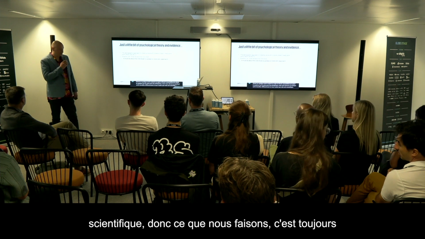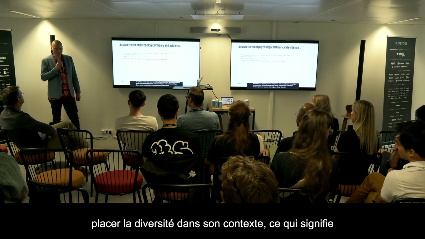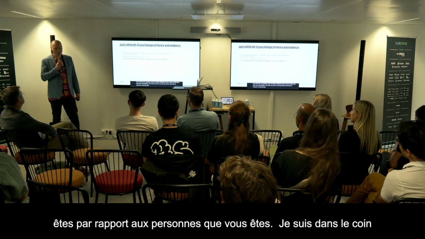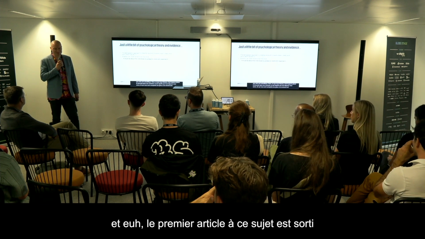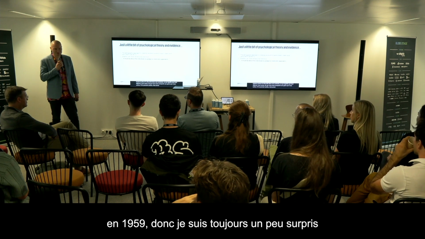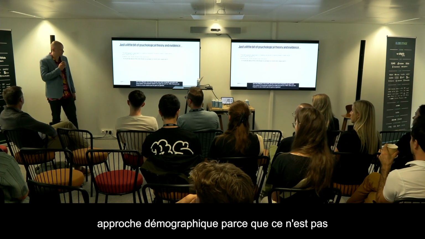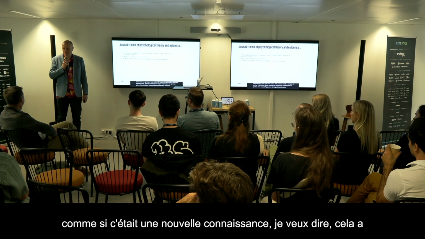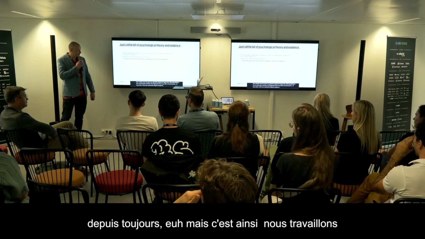So what we do is we always place diversity in context, meaning that it all depends on who you are compared to the people you're around. The first paper on this came out in 1959, so I'm still surprised that people in general have taken the demographic approach, because it's not like this is new knowledge. It's been researched forever. But this is the way we work now.